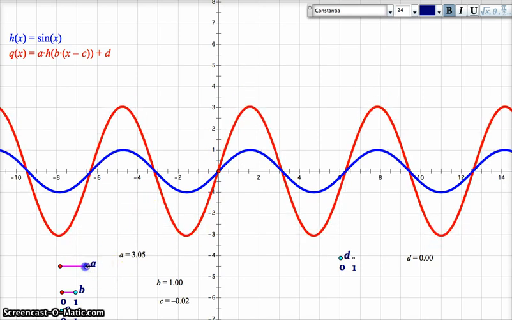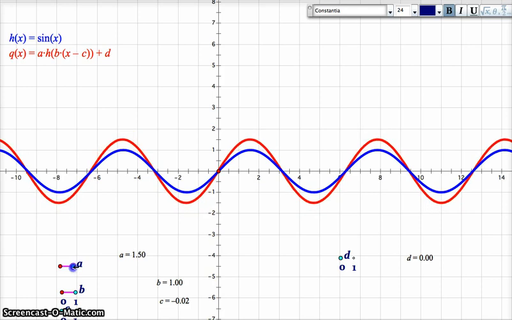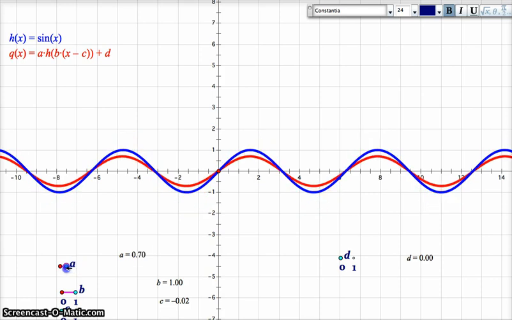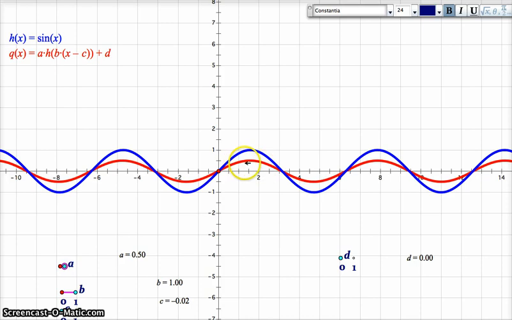If I make a fractional value less than 1, my original function had a maximum point of 1, now it has a maximum point of 1/2.